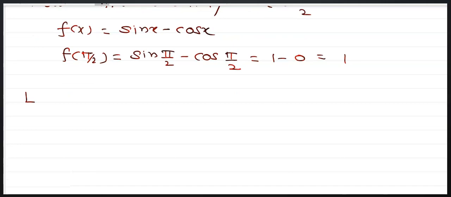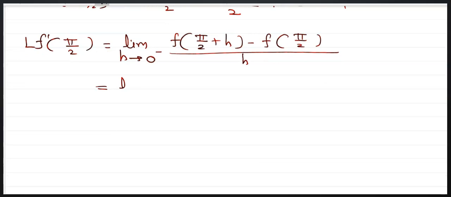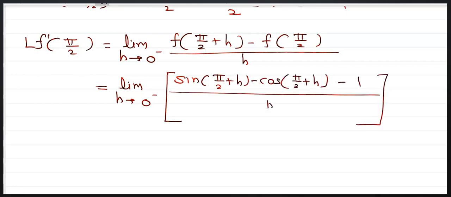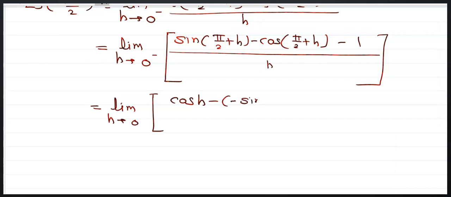The left hand side f dash of pi by 2 is the limit as h tends to 0 minus of f of pi by 2 plus h minus f of pi by 2, upon h. After substituting the values, we get minus 1 upon h, limit h tends to 0.